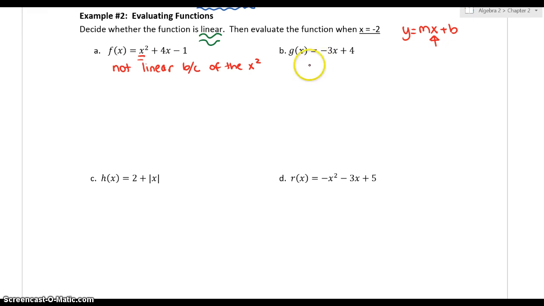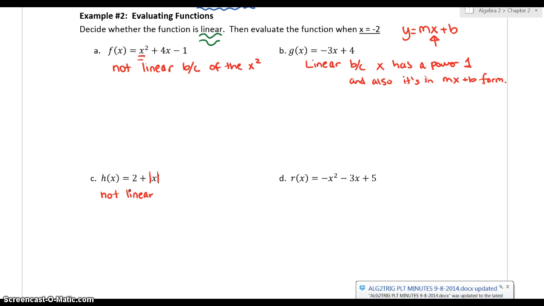Alright, let's look at B. This one is linear, and I can tell you why: because x has a power of 1, and also it's in mx plus b form, which we know is a line. So those are a couple of things you can definitely look for. For letter C, it has absolute values. We know that absolute values are V-shaped, so this is not linear.